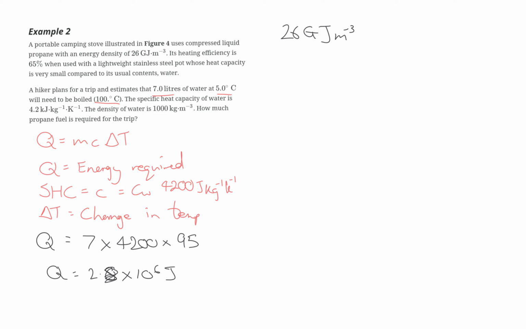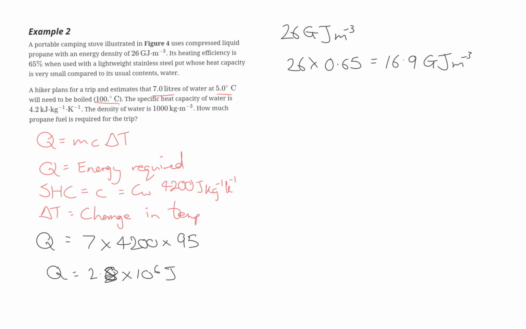So in real terms, what we've got is 26 times 0.65 gigajoules of energy from every meter cubed. And if we do that, it's 16.9. So we're going to get 16.9 gigajoules for every cubic meter of propane we have. That's an awful lot of energy. And that's clearly more energy than we need, because we're talking megajoules, not gigajoules.